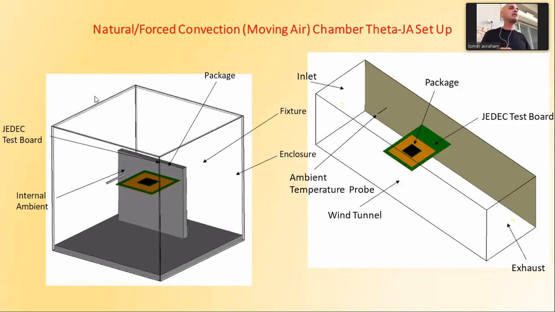The theta junction-ambient, the thermal resistance from junction to ambient with no forced convection, is done on this exact setup, and everything is known in the setup. There are 4 layers here. It's written in JEDEC 5.1.3. And this one is for forced convection.